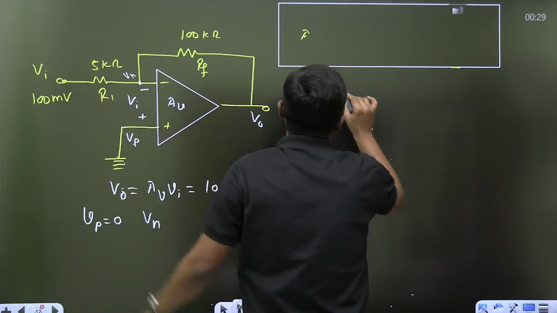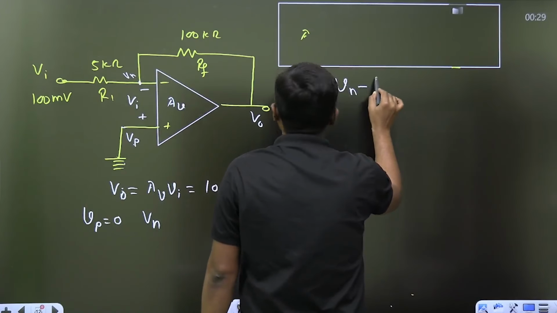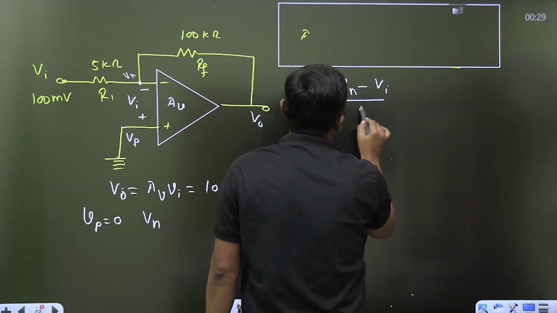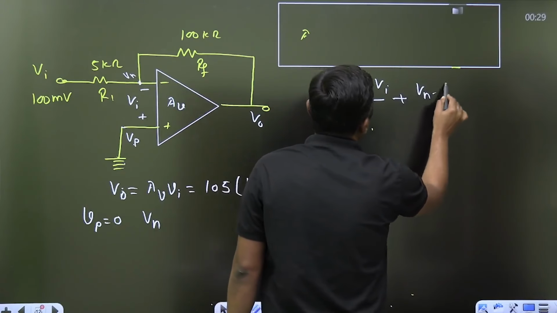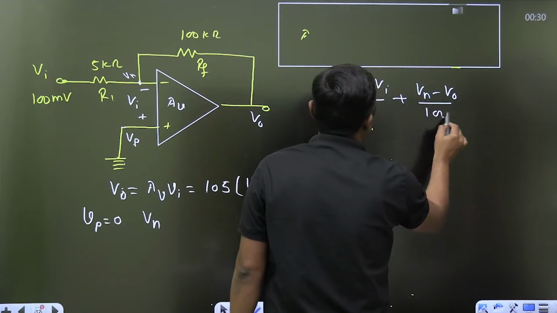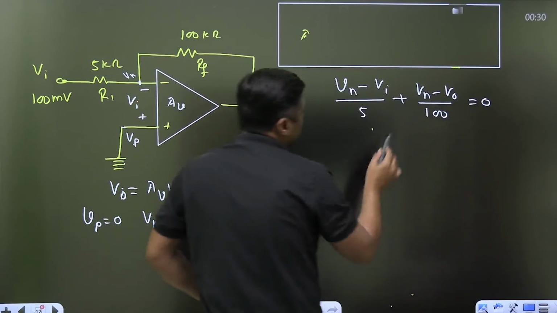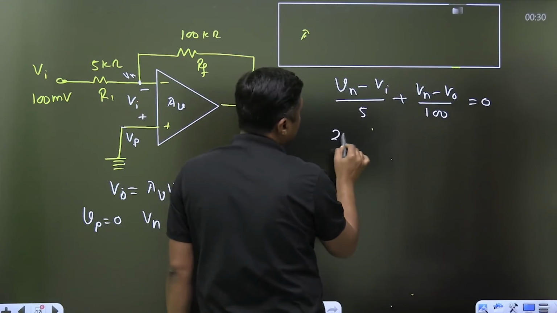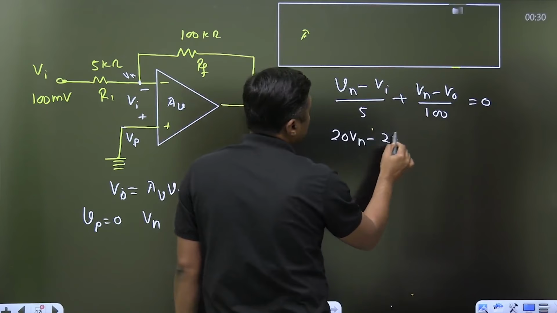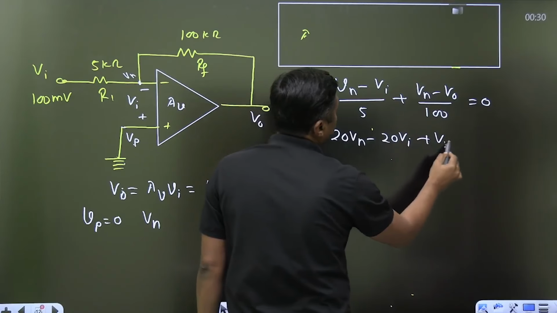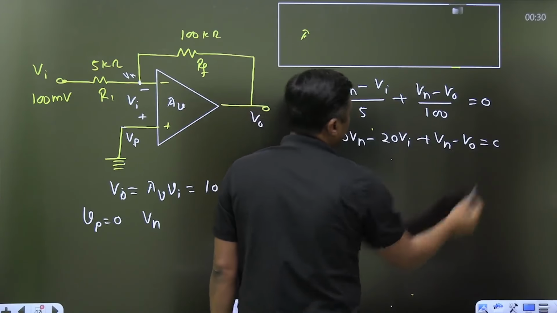Now write down the KCL at this point. VN minus VI upon 5 plus VN minus V0 upon 100 is equal to 0. Take the 100 as a LCM, it will become 20 VN minus 20 VI plus VN minus V0 is equal to 0.